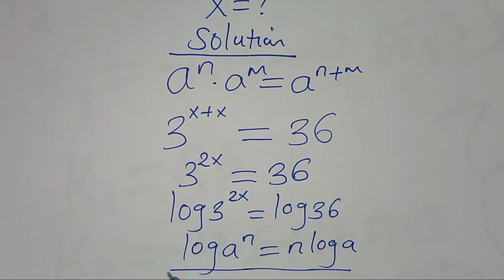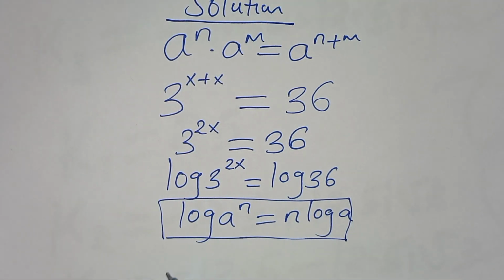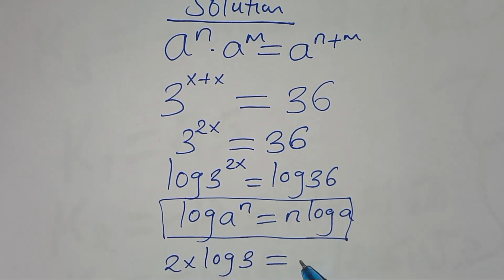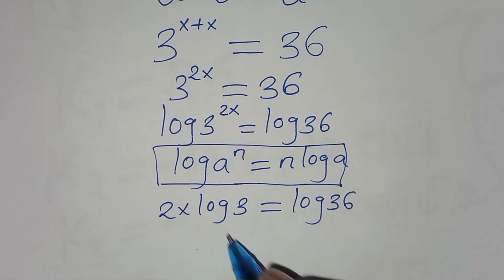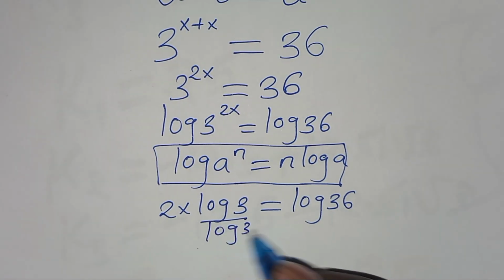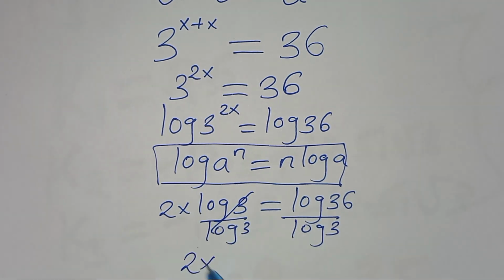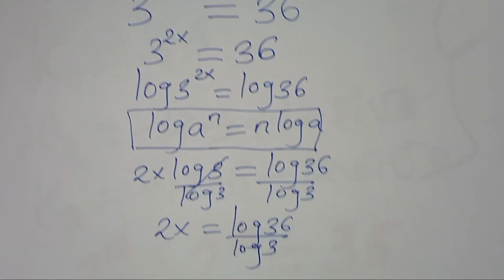So applying this power rule property of logarithm, then log 3 to power 2x becomes 2x log 3. This is equal to log 36. So let's divide both sides by log 3 here. So that 2x is equal to log 36 divided by log 3.